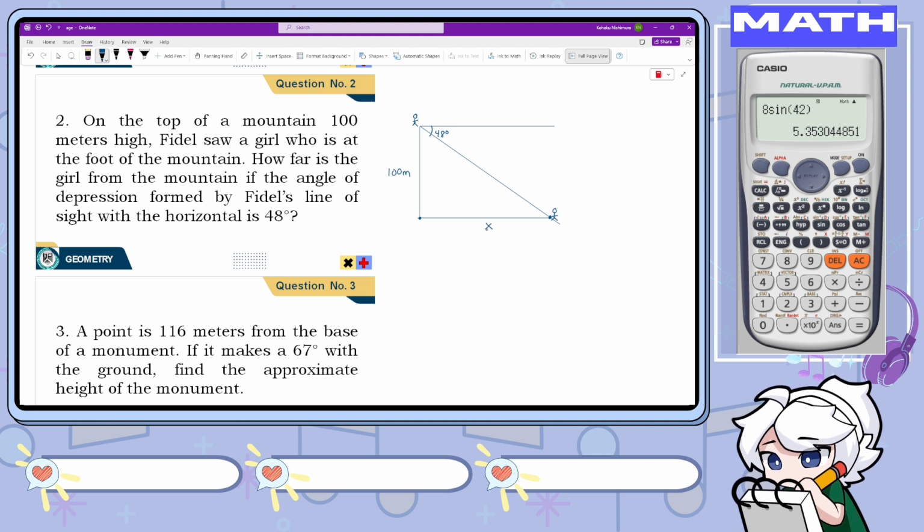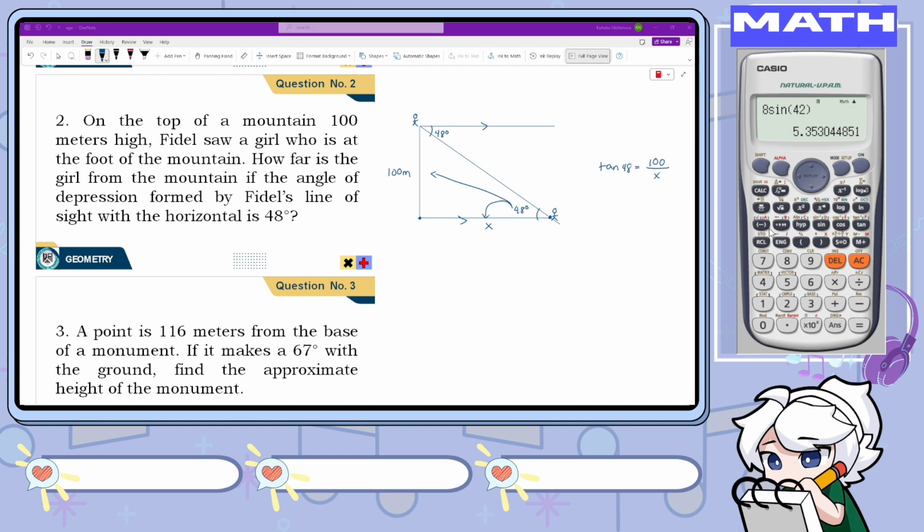So let's set that as x. If these two lines are parallel, we can also assume that this angle here is 48. With respect to 48, this is adjacent, this is opposite. So you can use tangent. Tangent 48, opposite being 100 over adjacent being x.